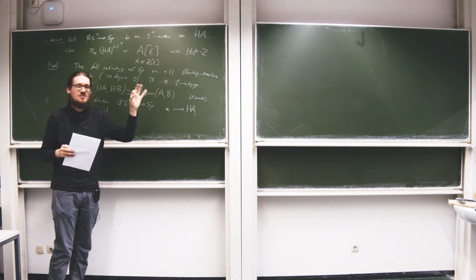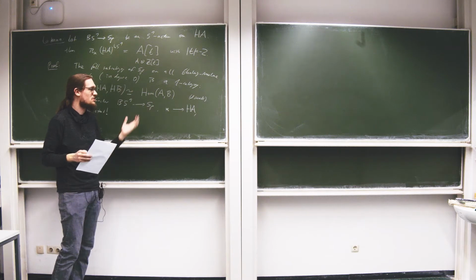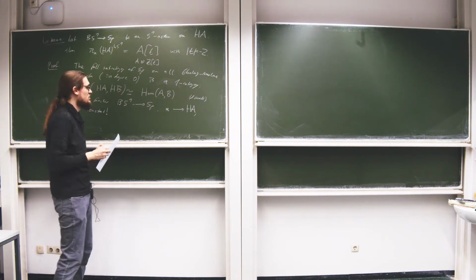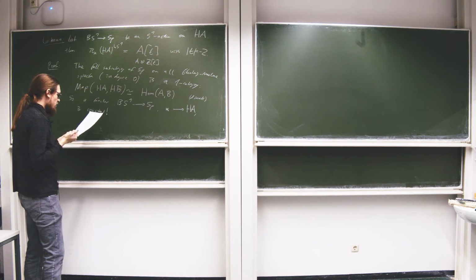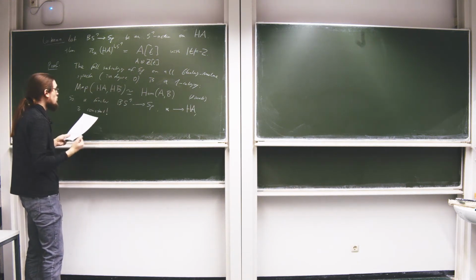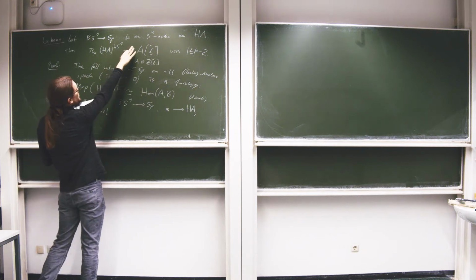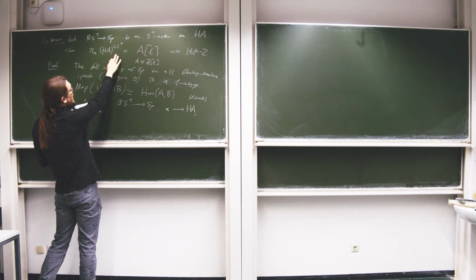All the points of S1 are in the same connected component, so they have to act by homotopic maps, but the category of abelian groups has discrete mapping spaces. Maybe that's yet another perspective. But anyways, this functor is constant, right? So we're not looking at something very general here. We're really asking for the homotopy fixed points of the constant action.